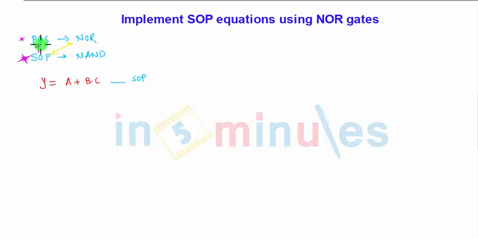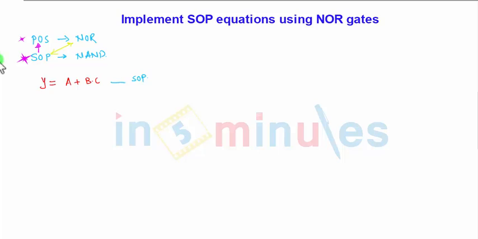How do you convert this? First of all, you need to solve the K-map for this and replace ones with zeros. Then you will get in the K-map the equation in the POS format. Otherwise, with the help of simple Boolean laws you can convert it. So here I am going to use the distributive law to convert this SOP form equation into a POS form equation.